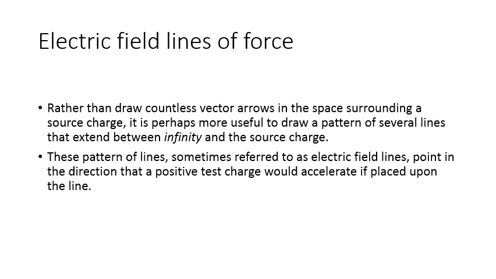But rather than drawing countless vector arrows in the space surrounding a source charge, it is normally useful to draw a pattern of several lines that extend between infinity and the source charge. These lines or patterns are referred to as electric field lines, and they point in the direction that a positive charge would accelerate if placed on the line.